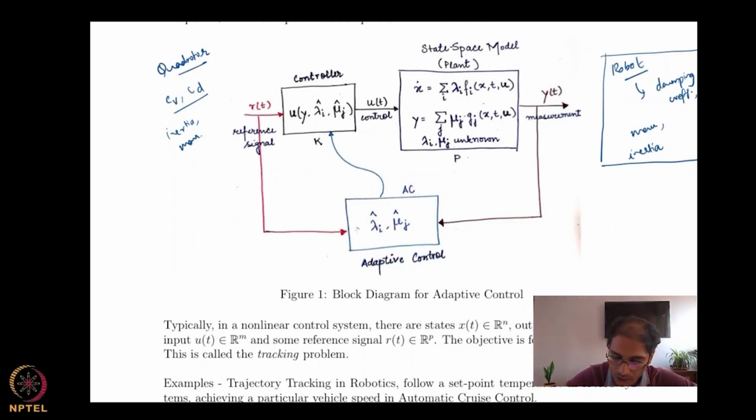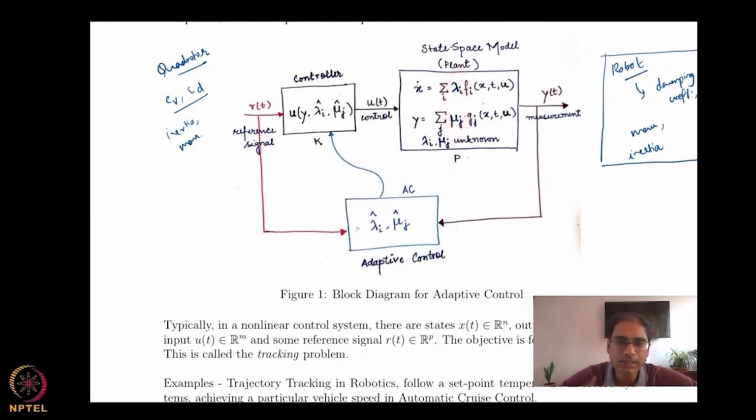So what we do is we assume that the system is parameterized. The parameters appear in such a way that the system is in fact linear in the parameters. It may be nonlinear in the dynamics, of course, but the parameters appear in a linear manner.